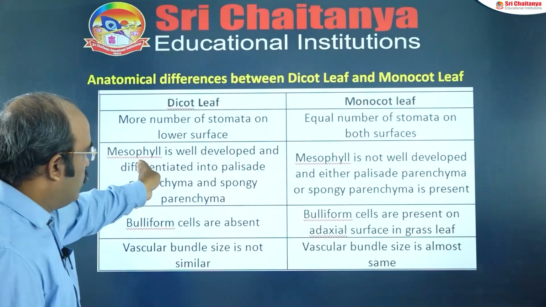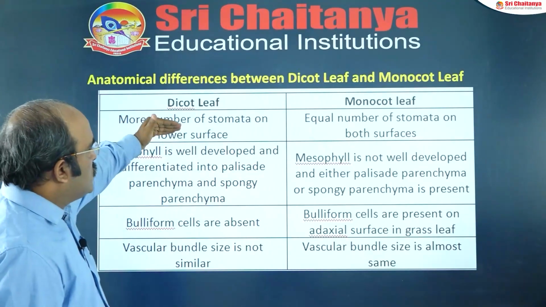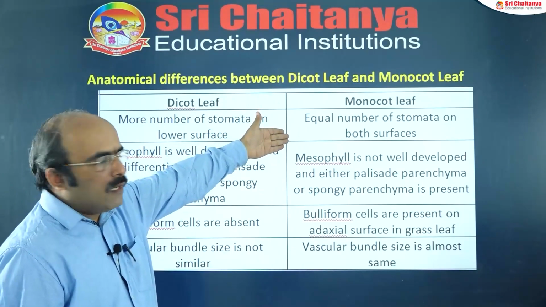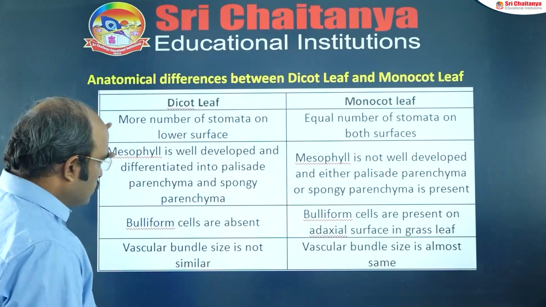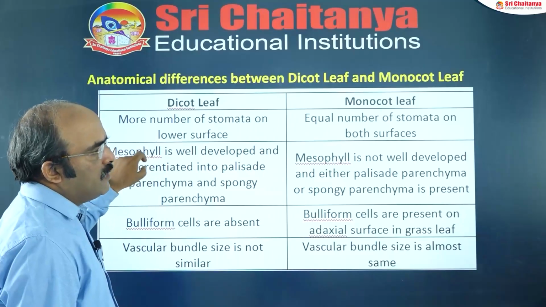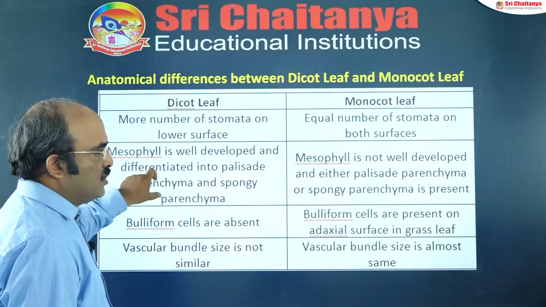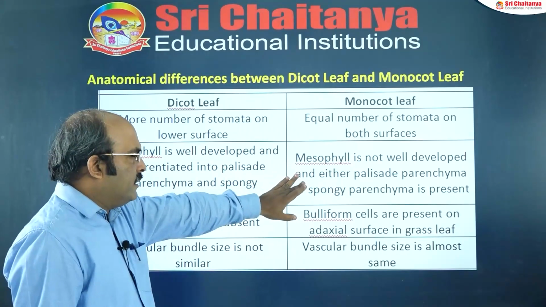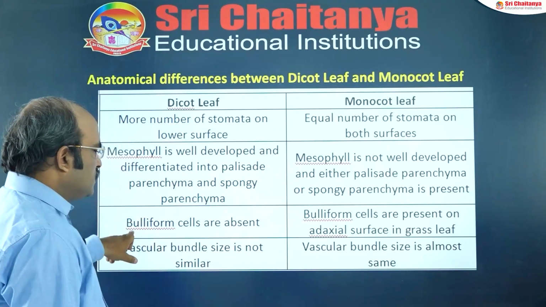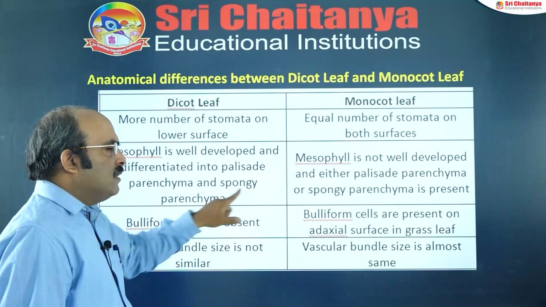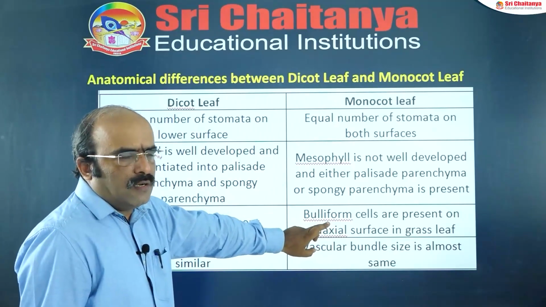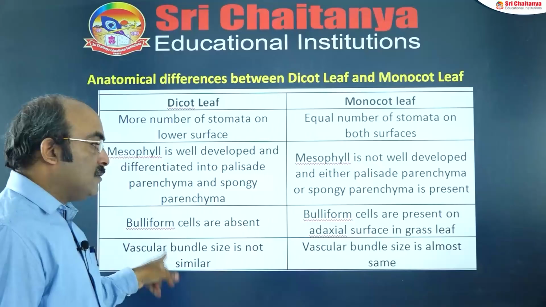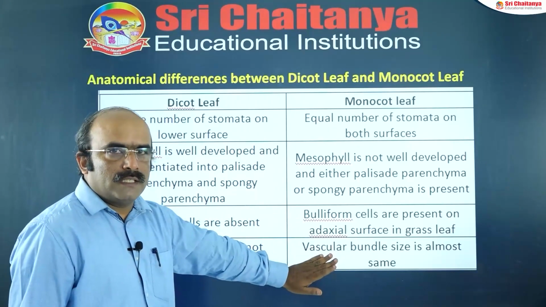So those are tabulated here, and you could see more number of stomata on the lower surface, whereas the number of stomata are similar on both surfaces. Mesophyll is well developed here and differentiated into palisade and spongy. It is not well developed, but it is either palisade or spongy. And bulliform cells are absent, but bulliform cells are present here on the upper epidermis. And vascular bundle size is not similar, but here vascular bundle size is similar.